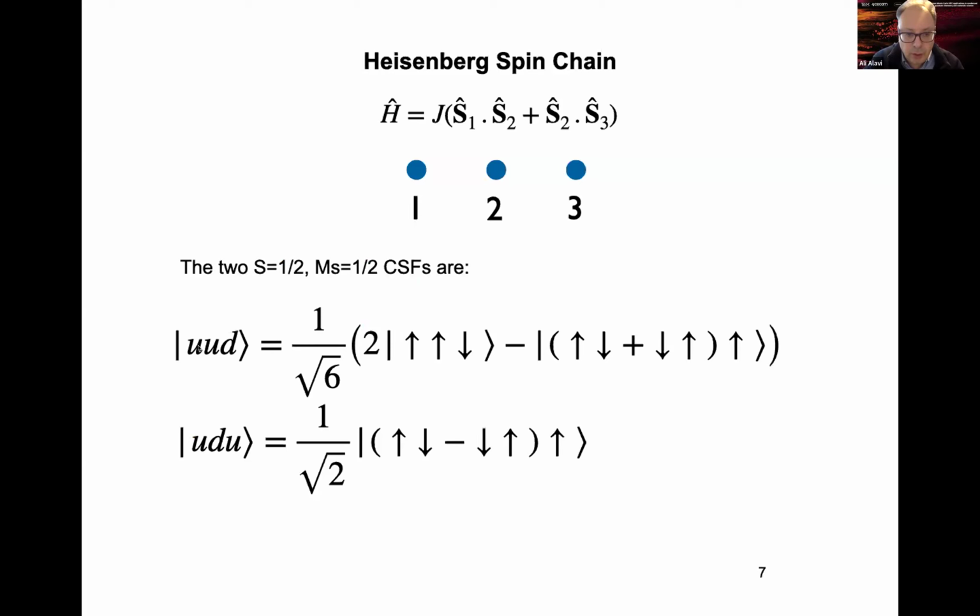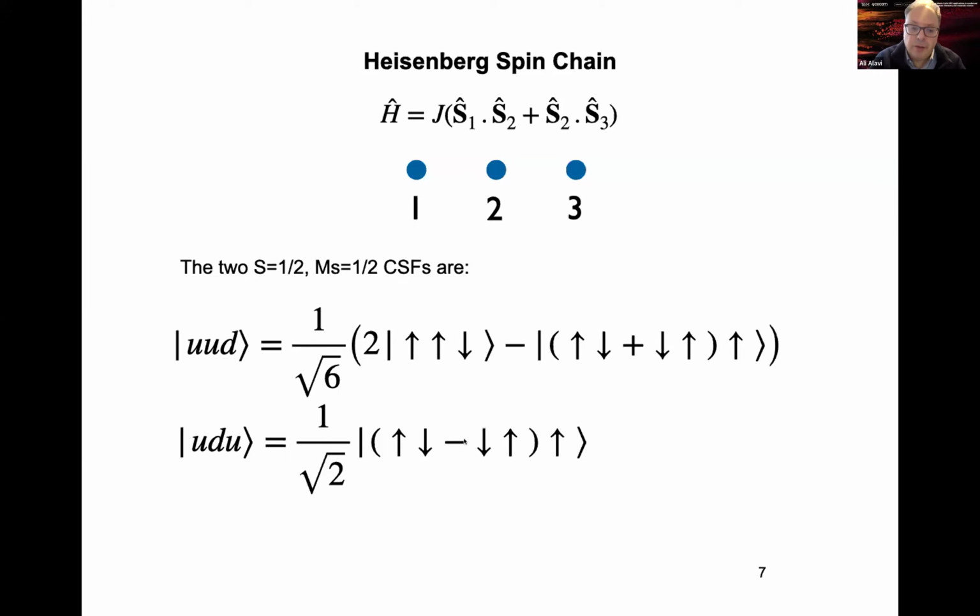So this is where you spin couple the first 2 electrons to get a triplet, and then the 3rd electron, spin couple it down, or up, down, up. And these 2 CSFs have a standard Slater determinant expansion in terms of the primitive spin functions. So these are well known. You can look them up in the textbook, and that's what they are.